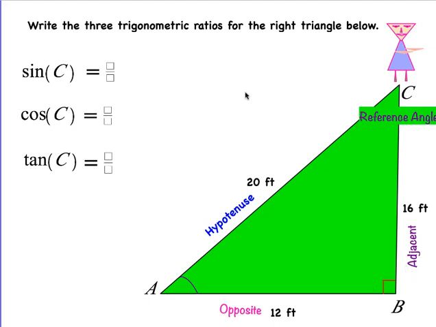So if we're looking at sines, the sine of angle C, it's going to be opposite. So that's going to be 12 feet over the hypotenuse, which is 20 feet. So we would type 12 over 20.